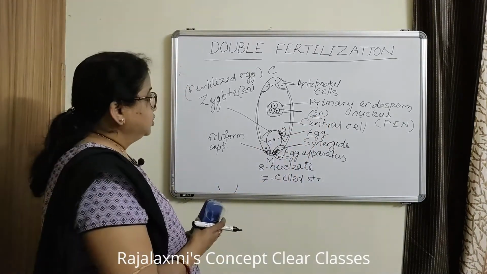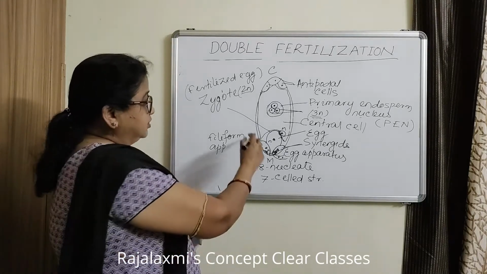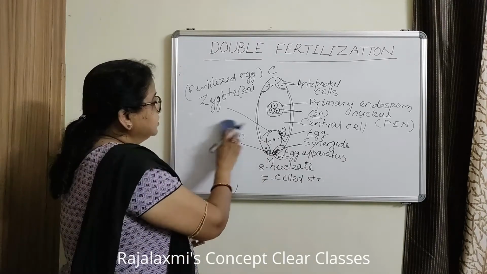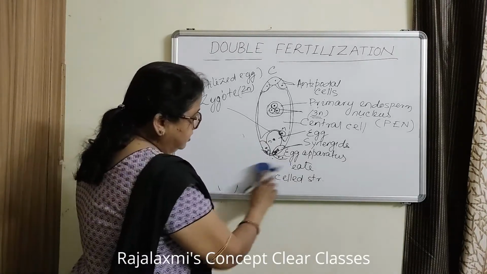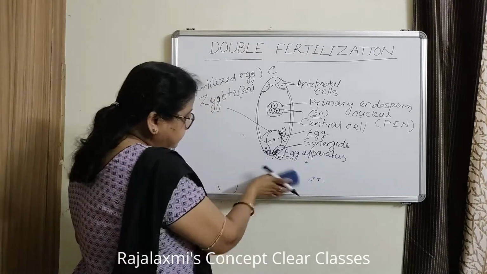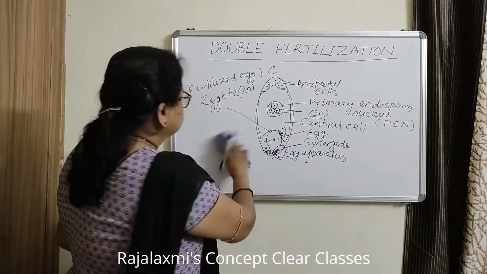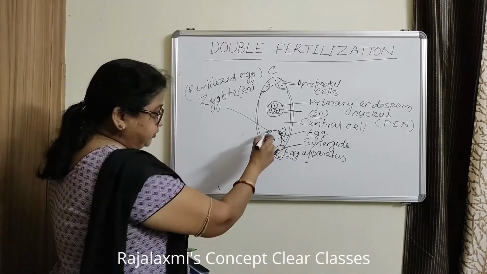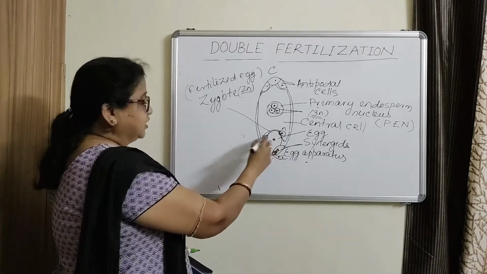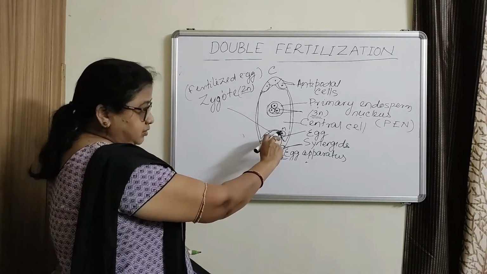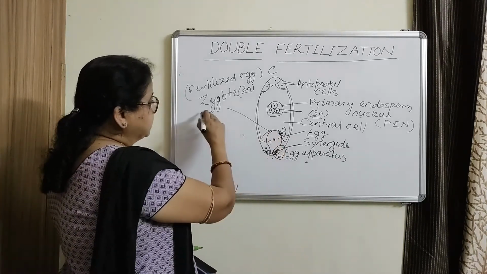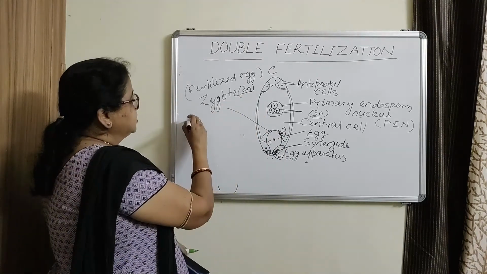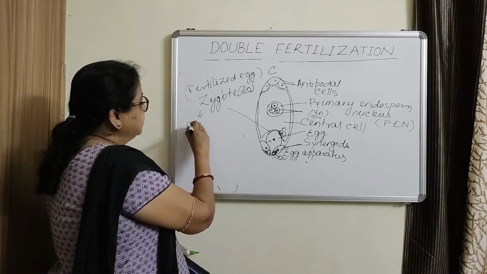So here we see that fusion takes place at two places. One is at the egg, where the egg and one male gamete fuse to form the zygote, which is diploid in structure, and this process is known as syngamy.